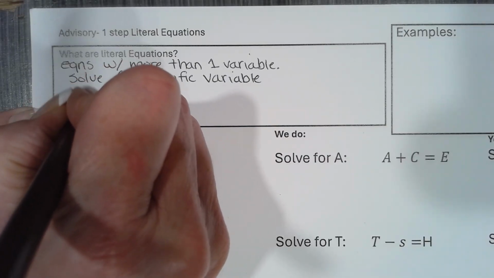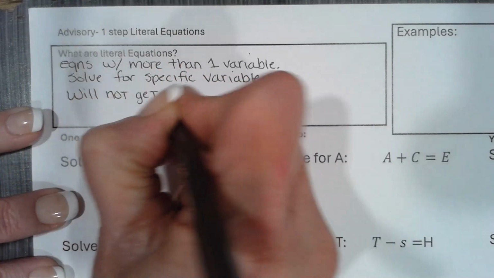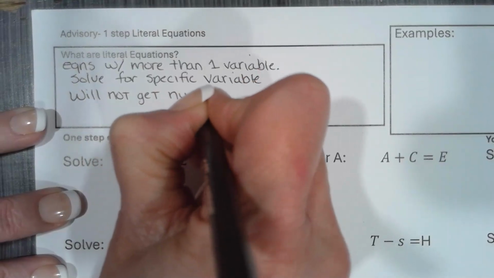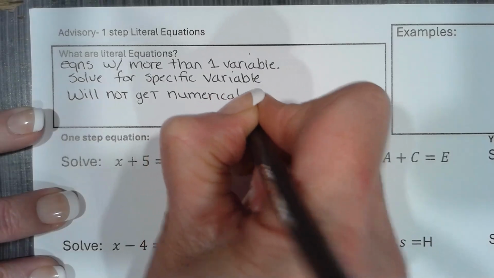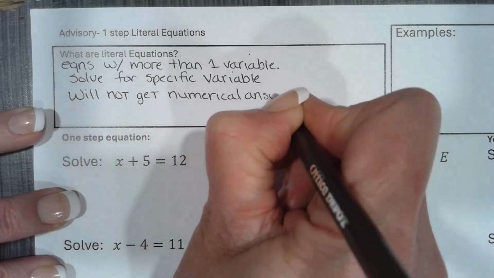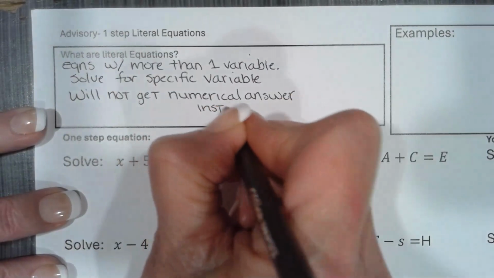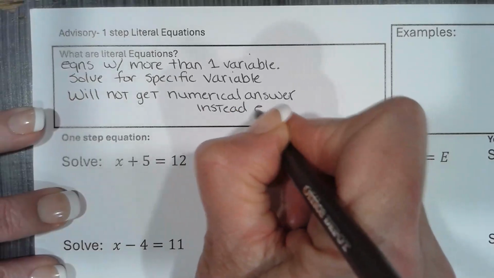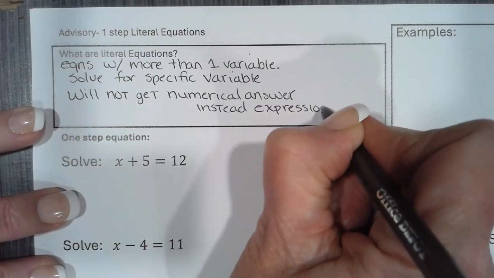So you will not get a numerical answer, like you guys are used to getting an answer like 5. You will not get a numerical answer. You will get an expression instead. I abbreviated so y'all don't have to write so much, okay?